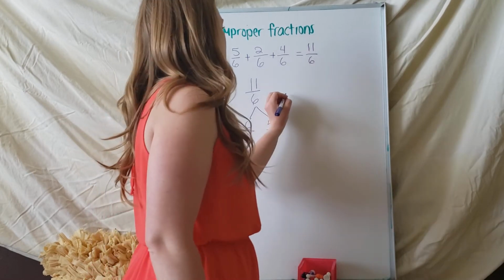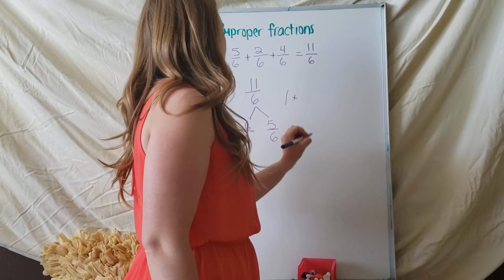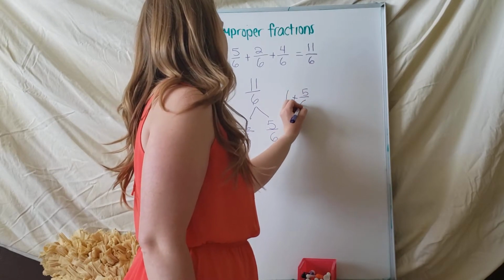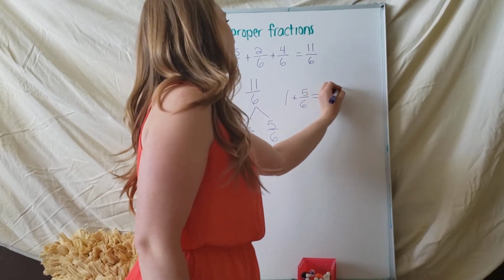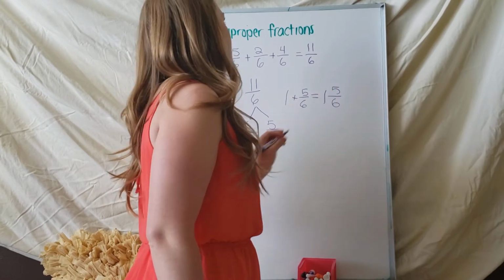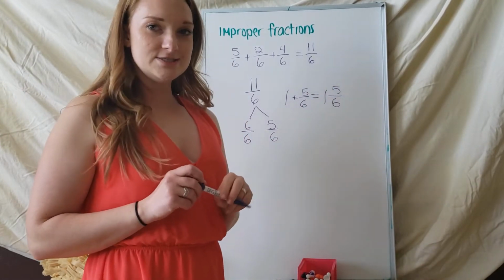So if 6/6 equals 1 whole plus 5/6, I have 1 and 5/6. That's changing an improper fraction to a mixed number.